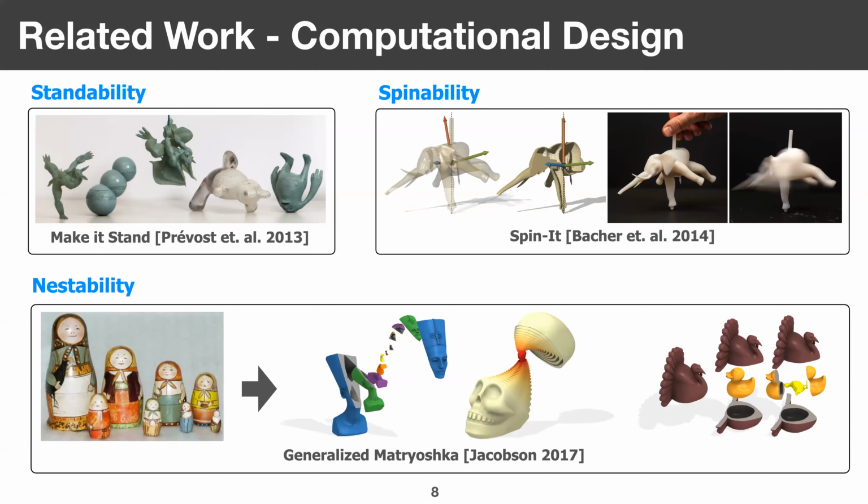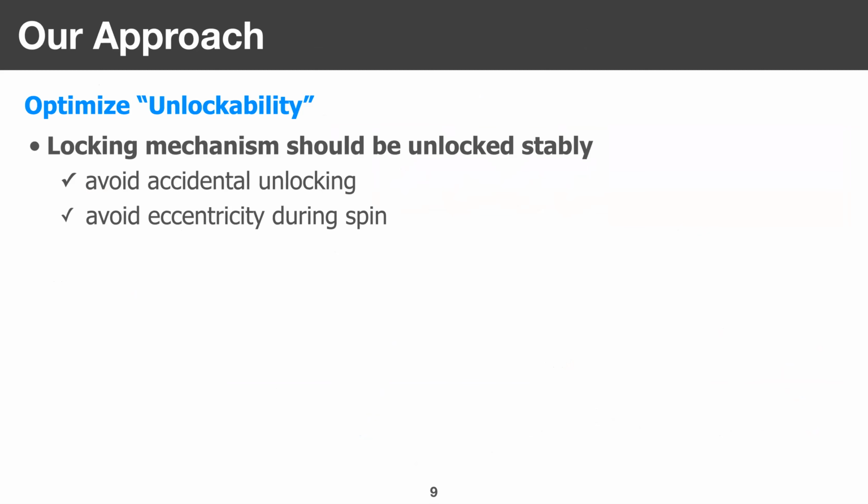And Jacobson proposes a method to create generalized matryoshka, a Russian nesting doll. From this point of view, we can say our method optimizes the unlockability. Here, the locking mechanism should be unlocked stably, without accidental unlocking and eccentricity during spin.